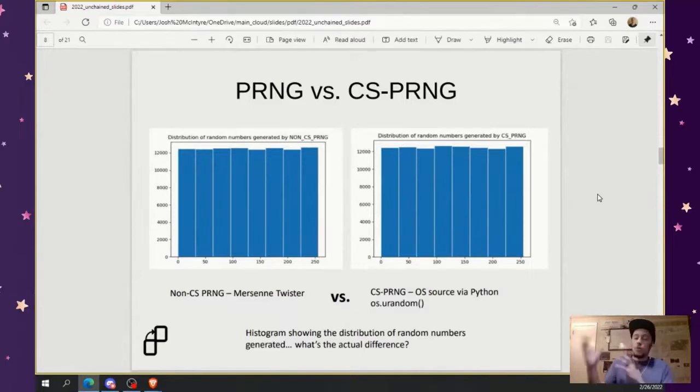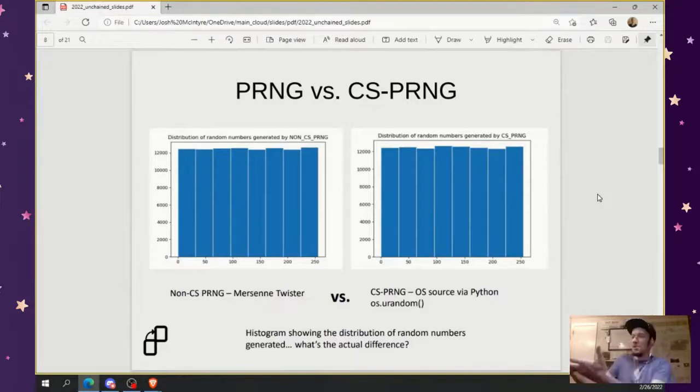On the right-hand side of the slide, I have numbers generated by a cryptographically secure source provided by the operating system, which in this Python script is made accessible through the os.urandom API. These are histograms showing the distribution of random numbers generated out of, say, 100. I think I did 100,000 numbers here.